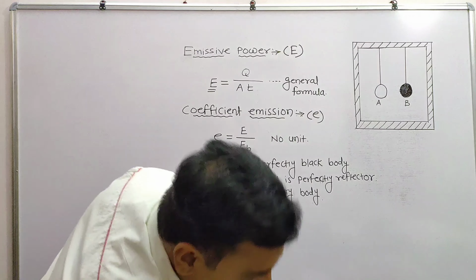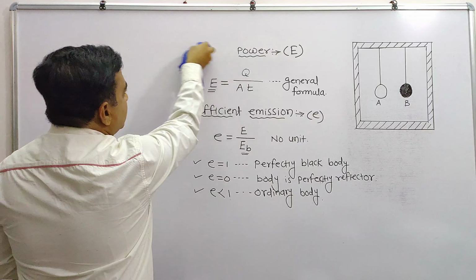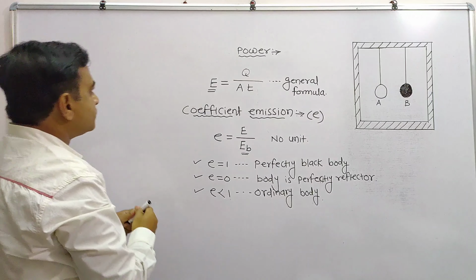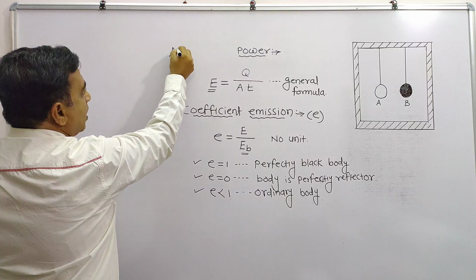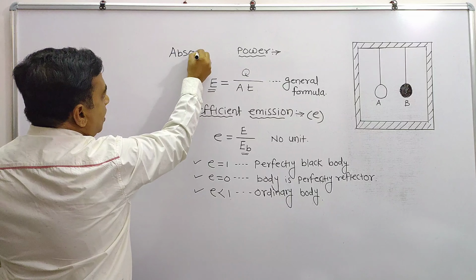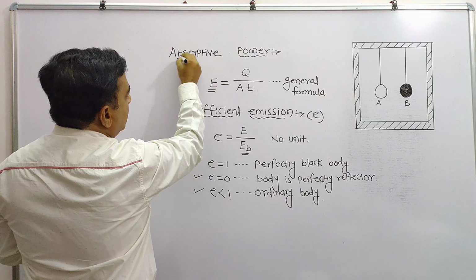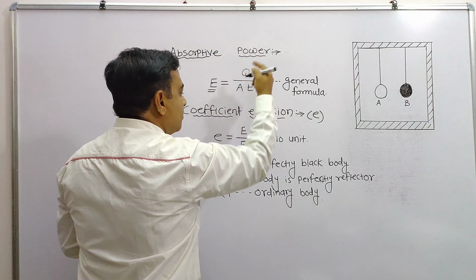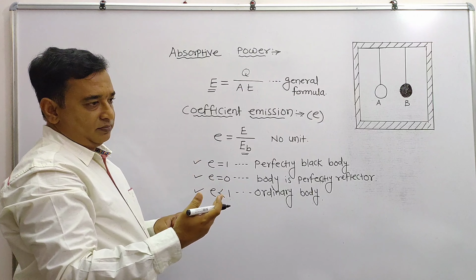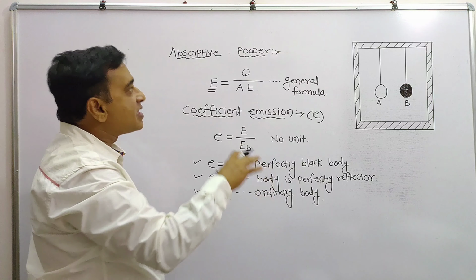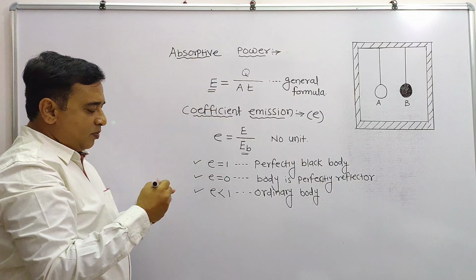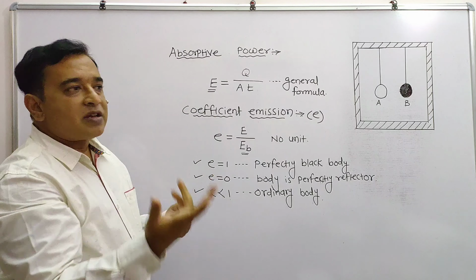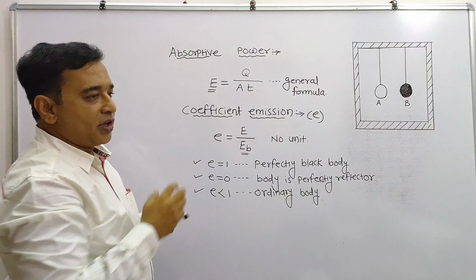Here instead of emissive power we have absorptive power. Emissive power is the amount of energy emitted per unit area per unit time, but absorptive power is the amount of energy absorbed per unit area per unit time of that body.